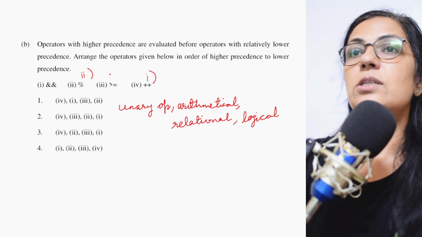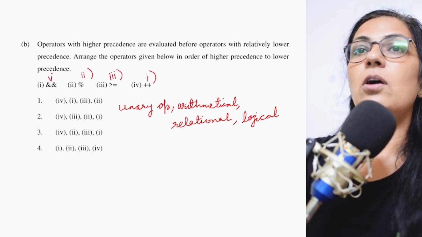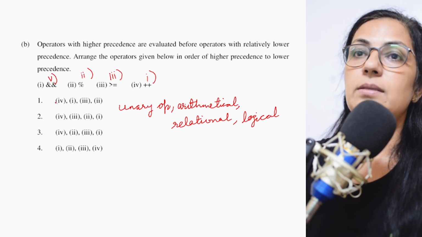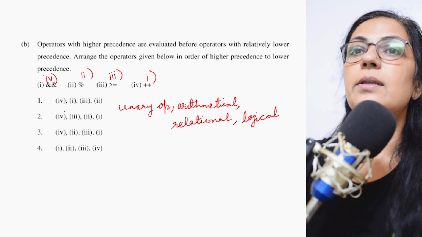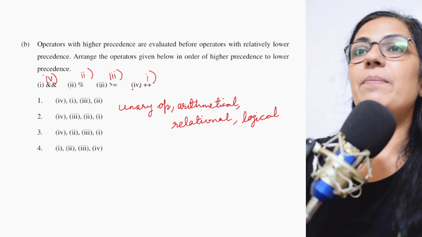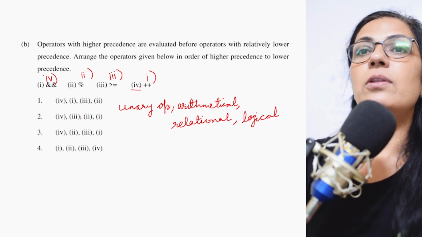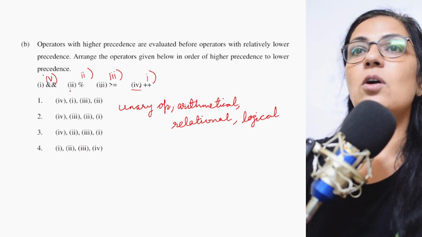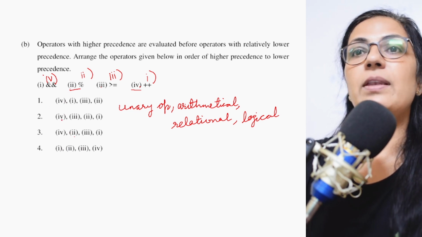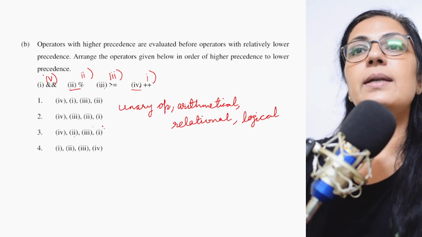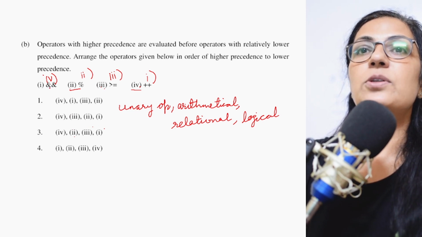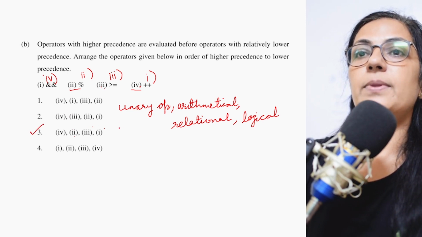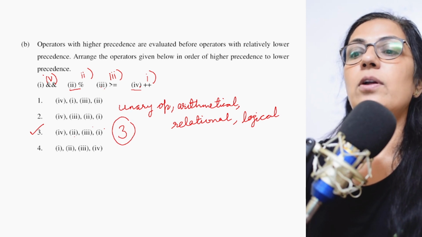Then we have relational operator, this is number 3, and then we have logical operator, this is number 4. Right, children? So the correct answer will be: first will be 4, so we will leave the last one. Then the second option is your second one. We will leave these two. And the third option is third. And the last option is option 1. So the third answer is the correct one for this.